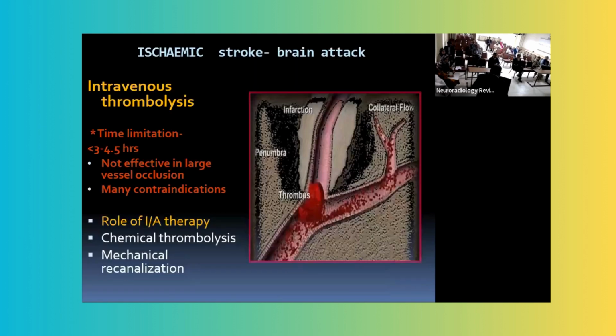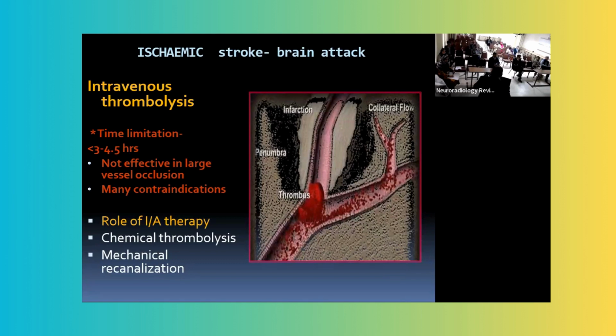So the major component is mechanical thrombectomy, and these days it is also getting prominence in the media. Recently, TPA has been made available in the government hospitals. TPA is administered by neurologists, and the time limit is 4.5 hours.